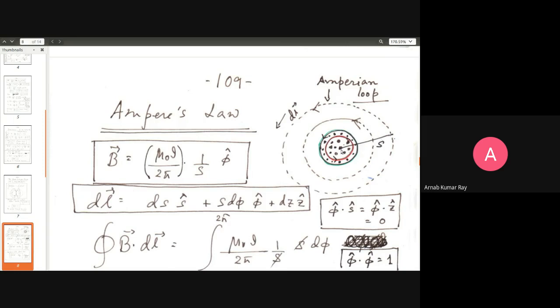Then the magnetic field at a radial position s, with cylindrical symmetry, will be mu naught I by 2 pi into 1 upon s, phi-cap. So the magnetic field is going round and round this way.